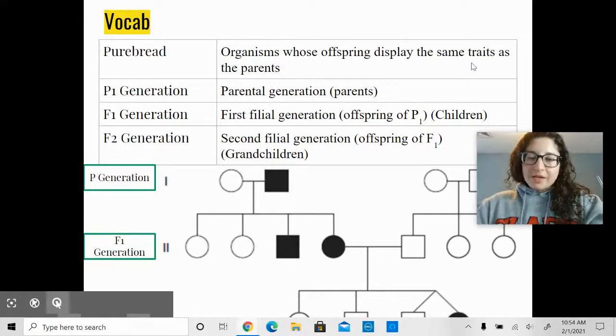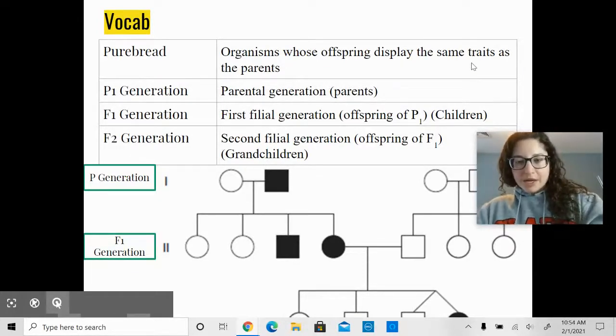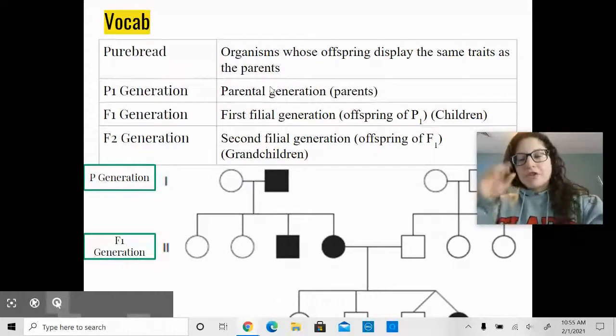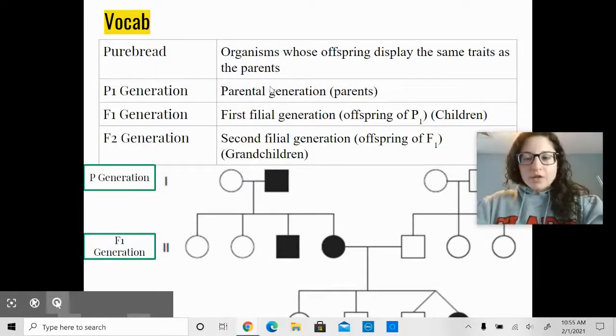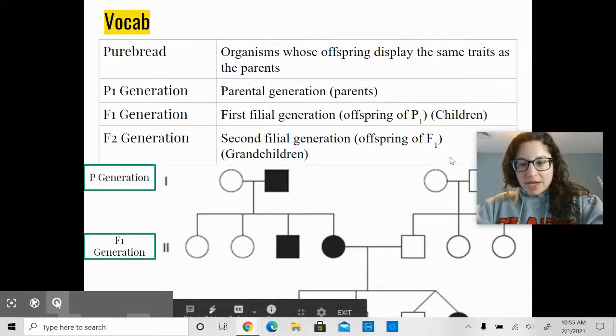When we're talking about different generations of people, because we are talking about parents and offspring, the P generation is always going to refer to the parental generation, or the first generation that we're talking about. For example, your grandparents could be the P generation. This is a family tree we're looking at, so this might be your grandparents up here.